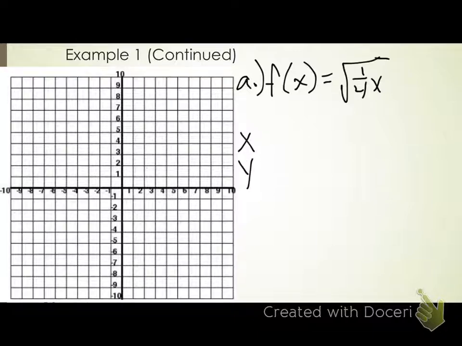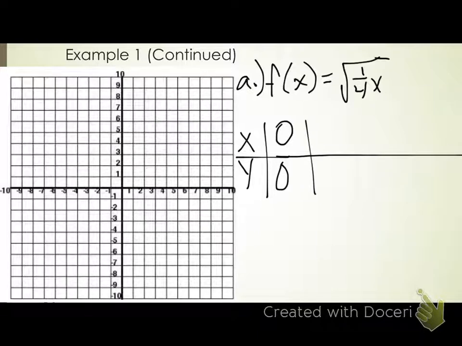So I'm going to make a little table. First number I'm going to plug in is 0. 0 is always a good number. What's 1/4 times 0? 0. Square root of 0. 0. Everyone good with that? What's the first multiple of 4? Not 1. 4. What is 1/4 times 4? 1.